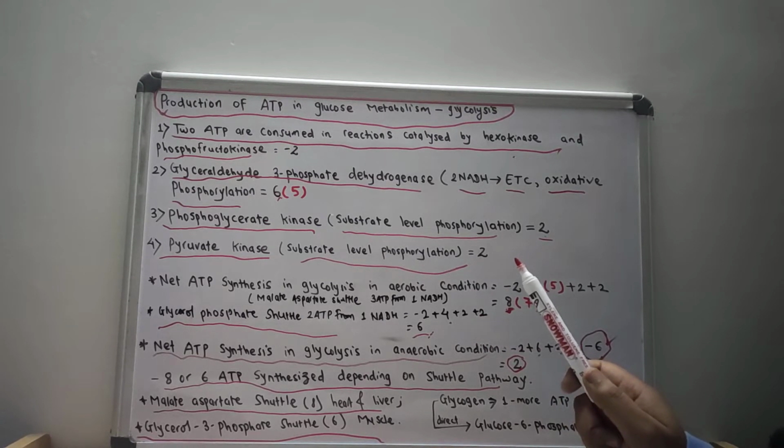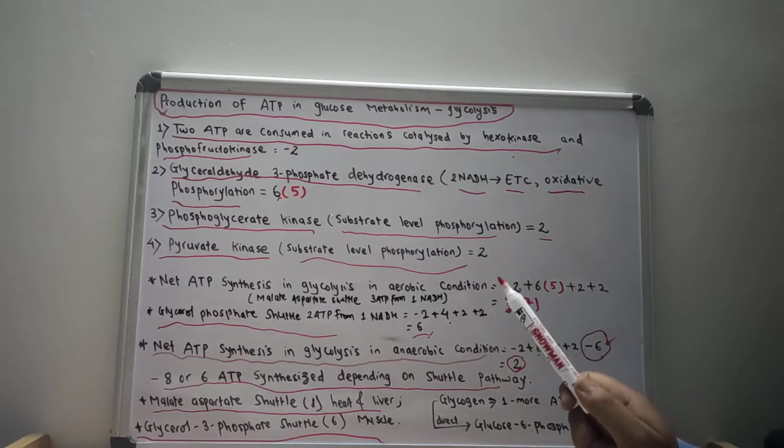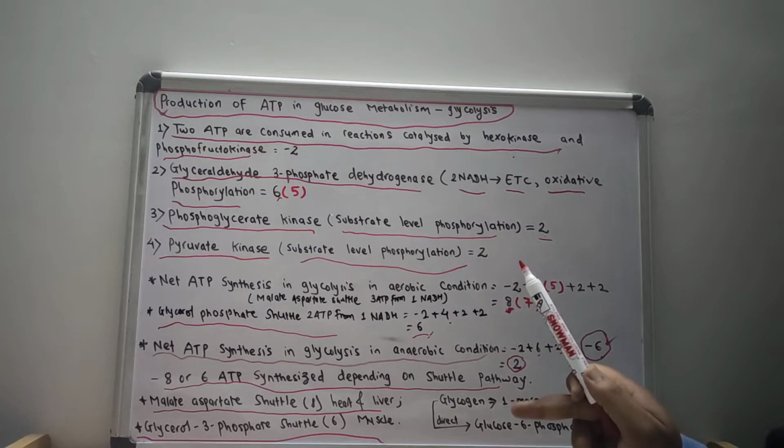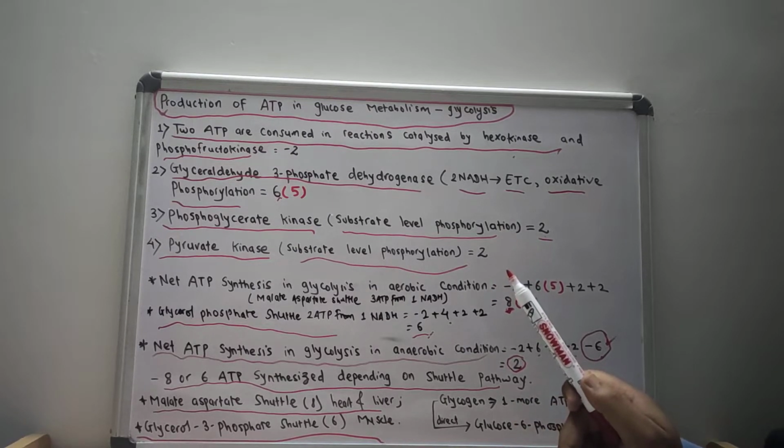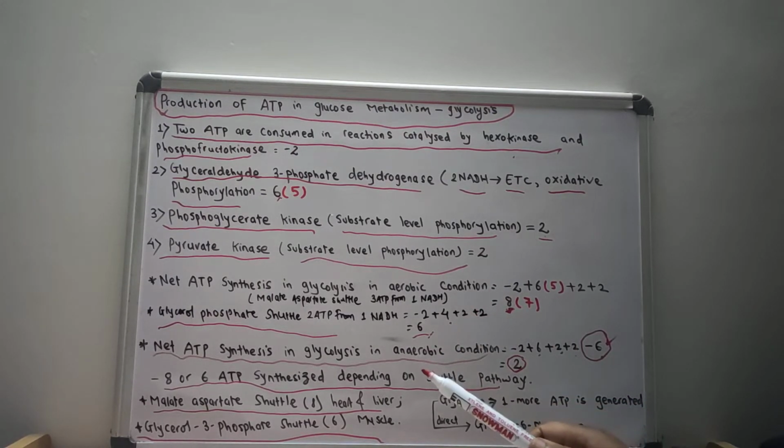If the cytosolic NADH uses the malate aspartate shuttle, 3 ATP are generated from each molecule of NADH, in contrast the glycerophosphate shuttle produces 2 ATP from 1 NADH.